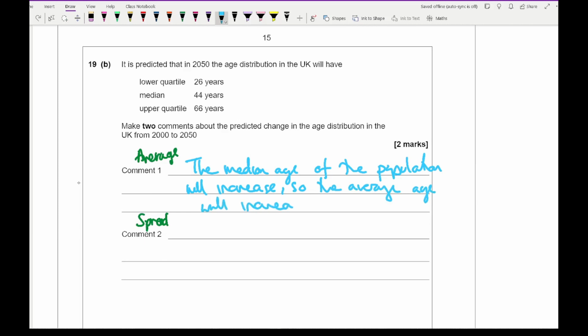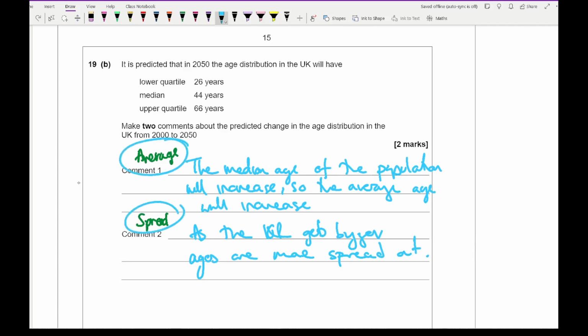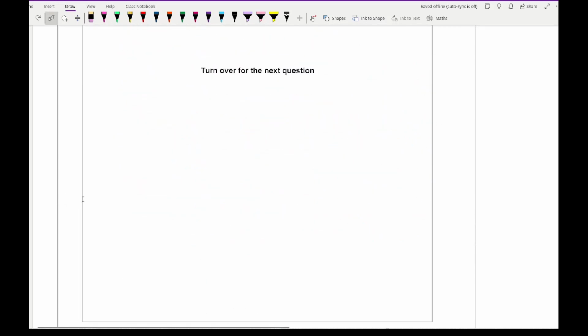And then in terms of the spread, this is where you're comparing the interquartile range. So as the IQR gets bigger, ages are more spread out. So something along those lines, but I would say definitely make a comment on the average and definitely make a comment on the interquartile range or the spread of data.